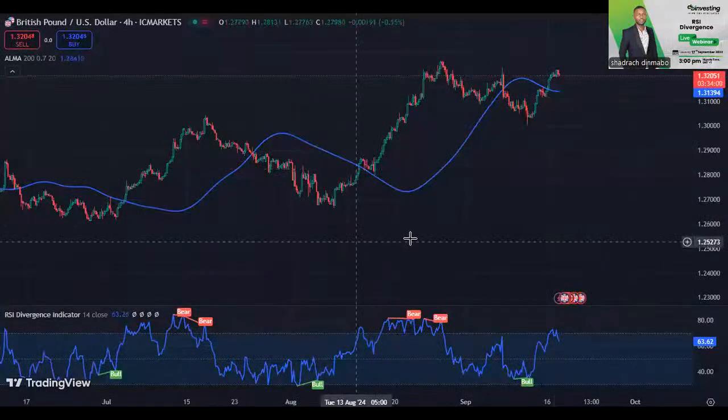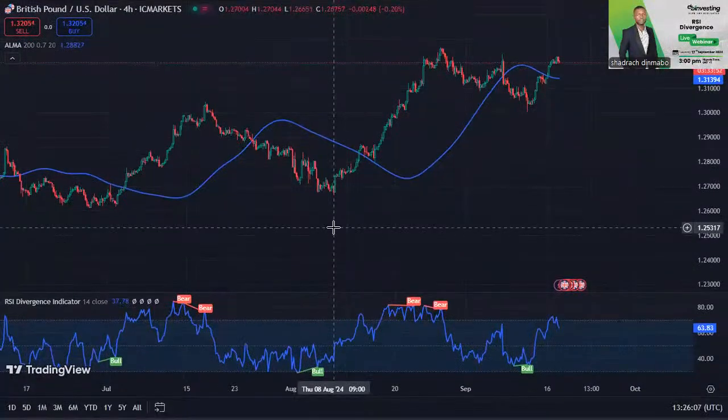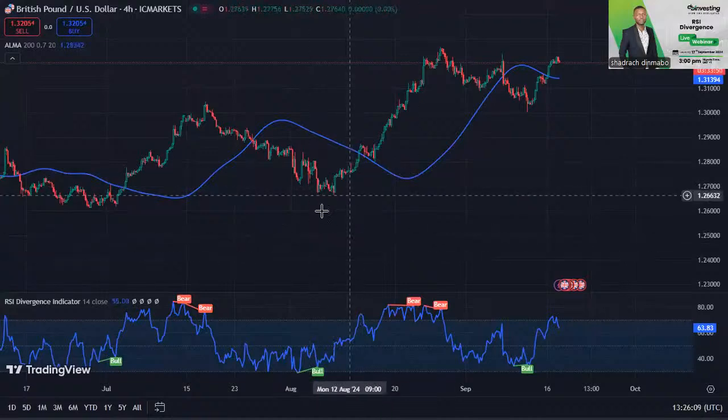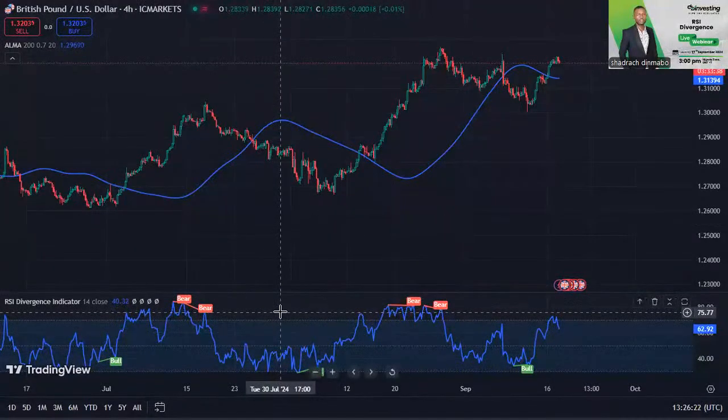All right, so without wasting much time, we want to look into trading using the RSI divergence. In this particular system, we are going to be using basically just the RSI indicator. I'm using TradingView, so we are going to use the RSI divergence indicator.